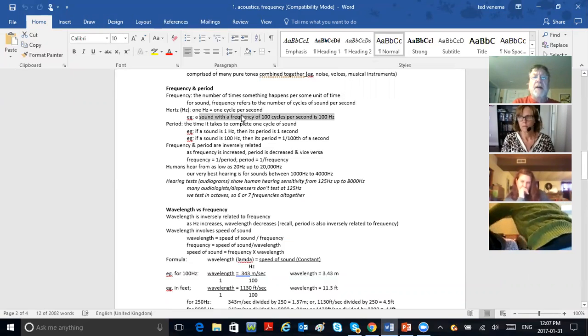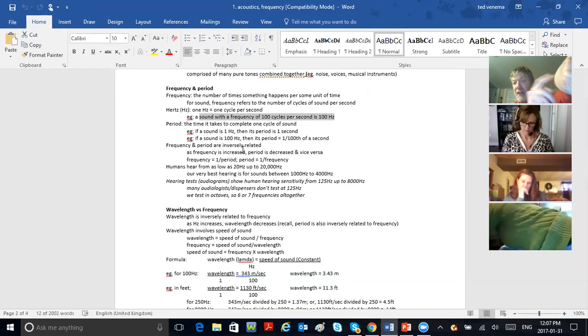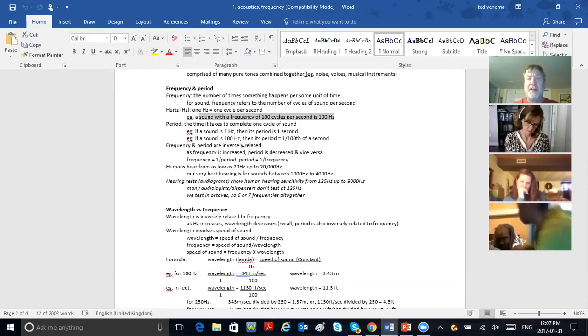You see that? 100 hertz. Period. That's the flip side. Period is the time on your watch. How many seconds? The time it took to complete one cycle. Hertz is the number of cycles per second. Period is the time it took to complete one cycle.